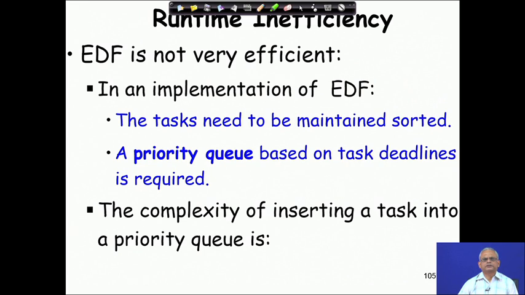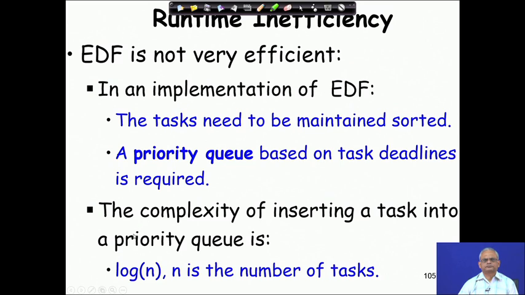For this lecture we are running short of time, so we will just complete here, saying that even in a priority queue, when we want to insert a task into the priority queue, we need log n time if n is the number of waiting tasks. We said that the event driven schedulers are used in non-trivial applications where we might have dozens of tasks, and log n is not a very efficient situation.